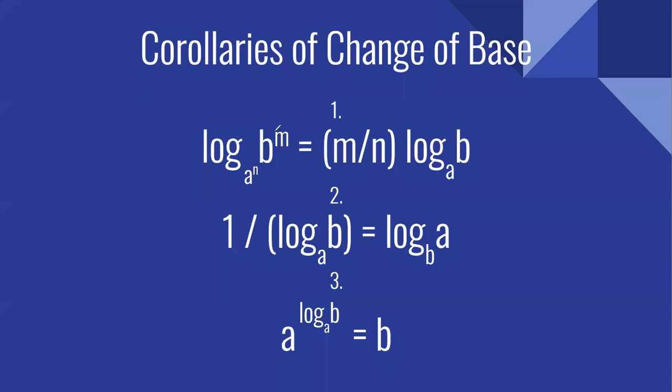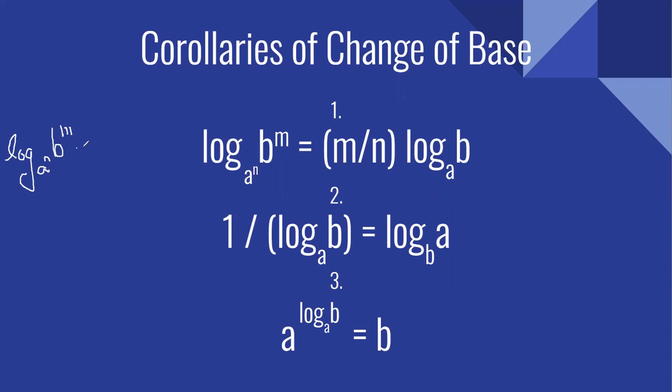The first one is when the argument has a power and the base has a power. In this case, it becomes the power of the argument divided by the power of the base, and then the expression comes later, log b to the base a without the powers. So this goes like, let's say log a raised to n, b raised to m.